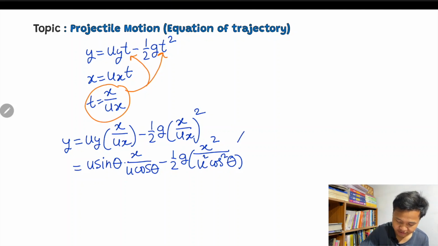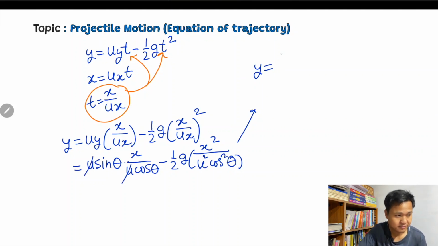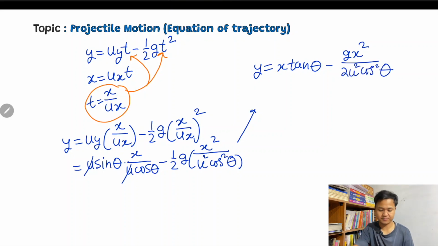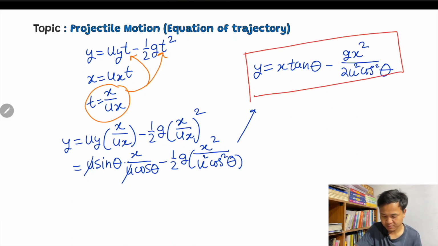This is your equation of trajectory, or the equation of projectile motion.